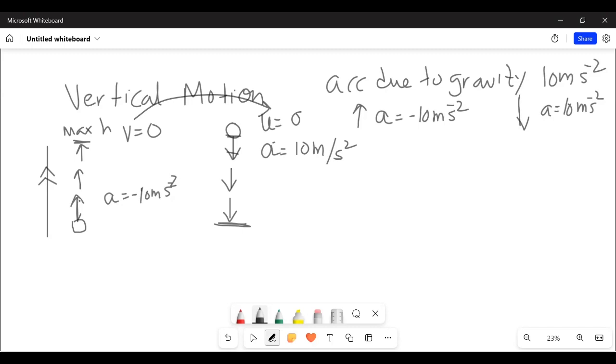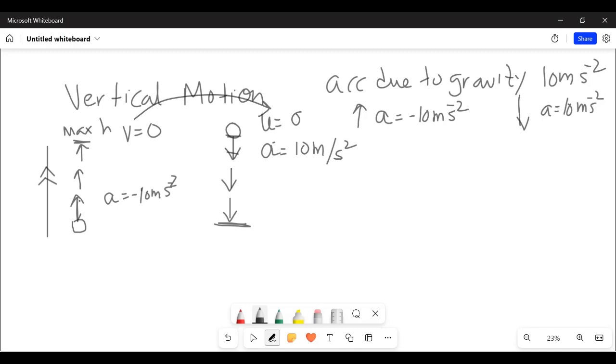Okay, so you need to know these facts that when an object is going upwards, it's decelerating at negative 10 meters per second square. When this object reaches its maximum height while going upwards, its velocity becomes 0 or speed becomes 0. That's why v equals to 0 in the upward direction.